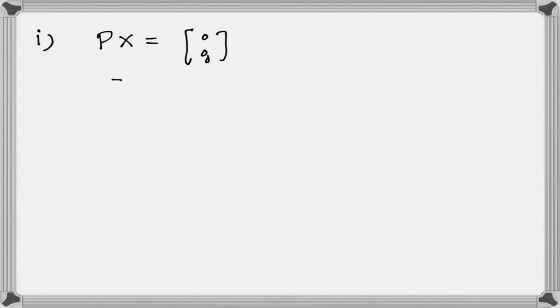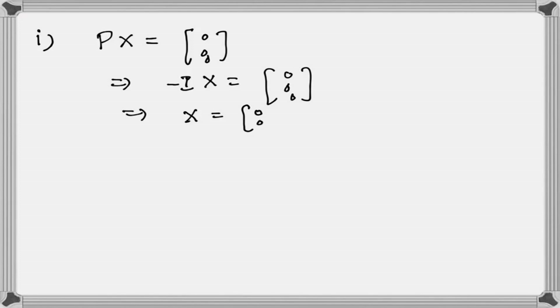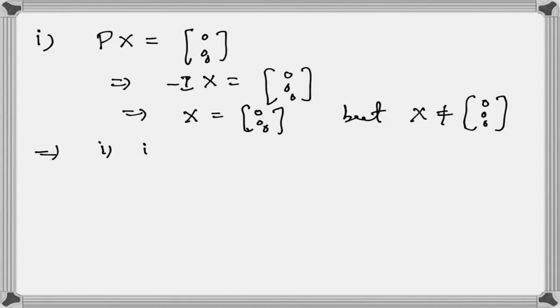This implies that P is minus I, so minus Ix is 0, 0, 0, and this gives x as 0, 0, 0. But x is given to be non-zero, so option 1 is not true.